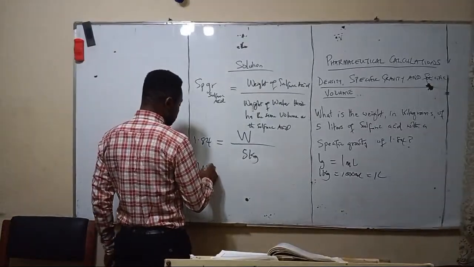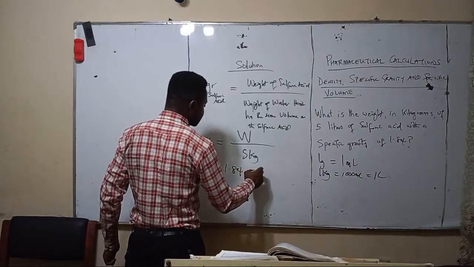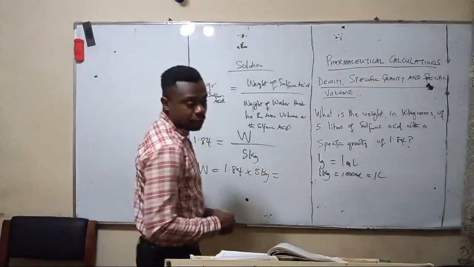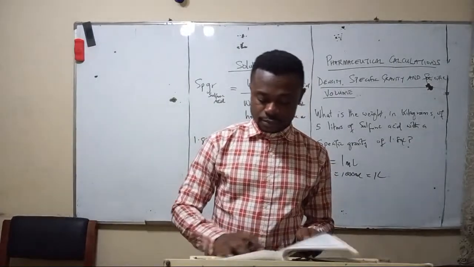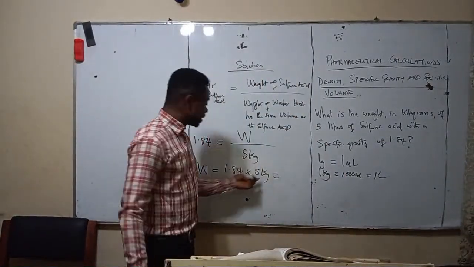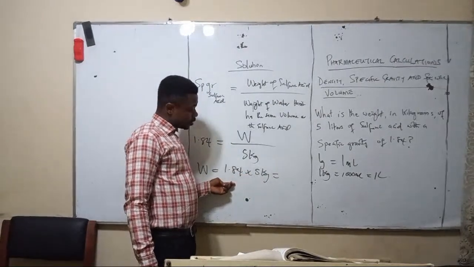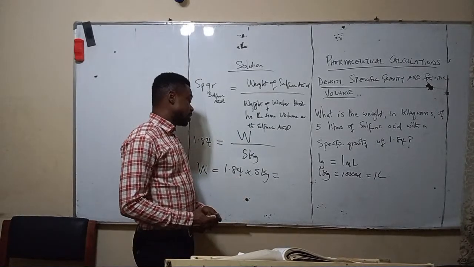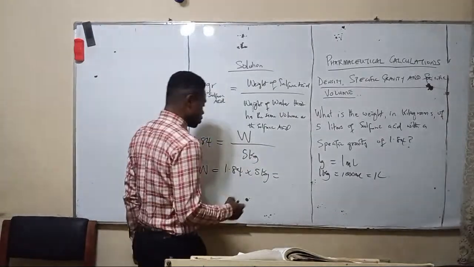So the weight of the sulfuric acid is equal to 1.84 times 5 kilograms. If you make this 10, we arrive at 18.4. 18.4 divided by 2 will be 9.2.